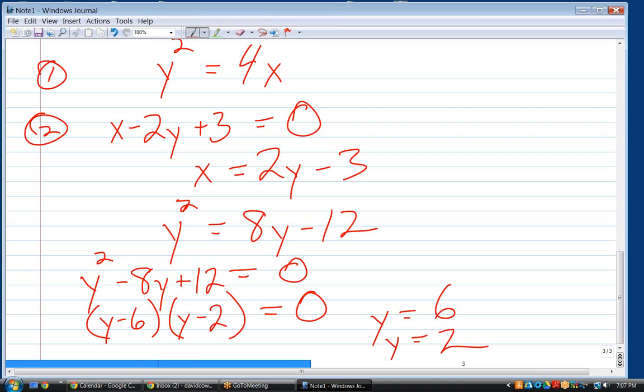First of all, what's x going to be? 2y minus 3. Well, what number is x going to be?